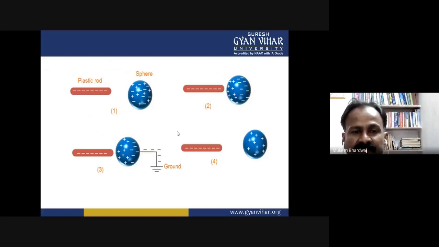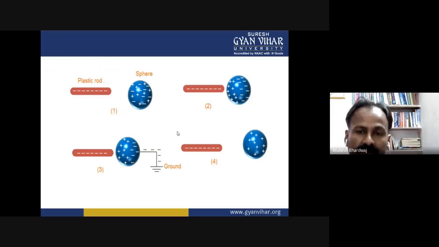In figure first, the plastic rod and the sphere are separated by a distance. And if we bring the plastic rod closer to the sphere, the negative charge in the plastic rod attracts the positive charge of the sphere towards it and repels the negative charge towards the other side.